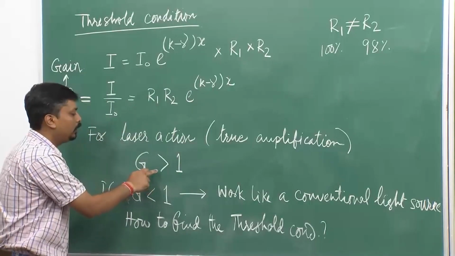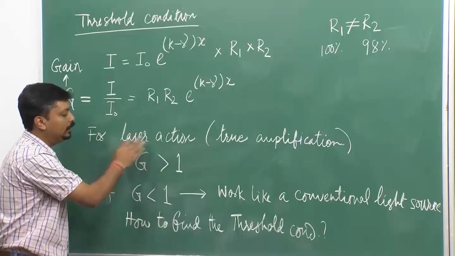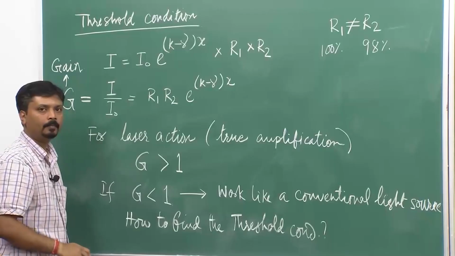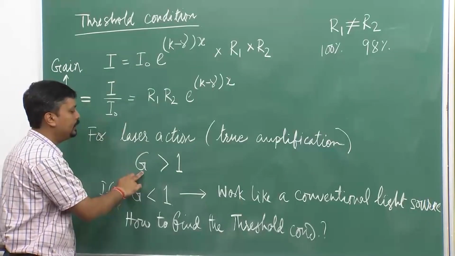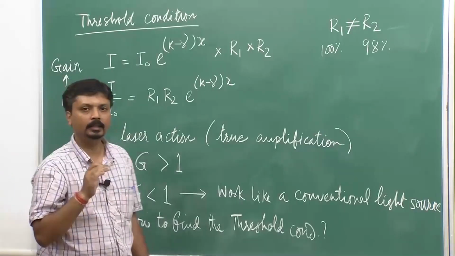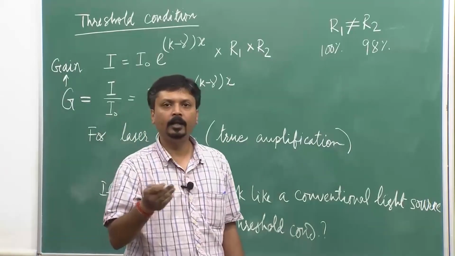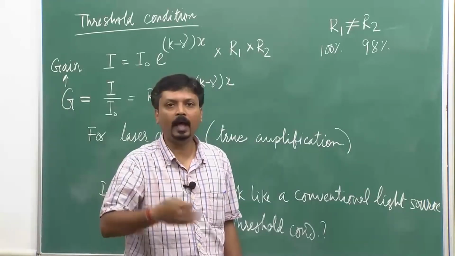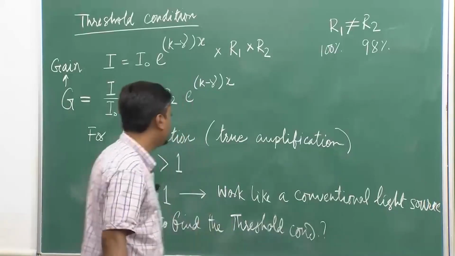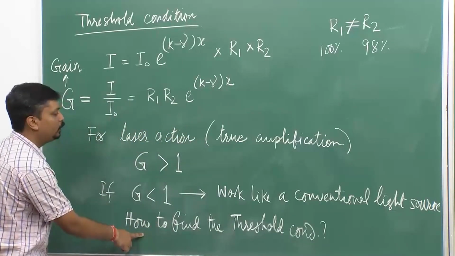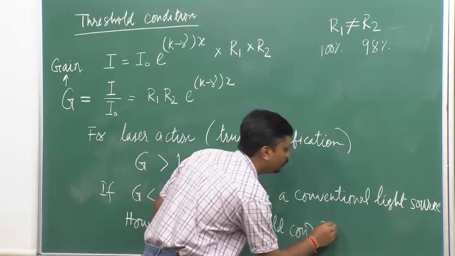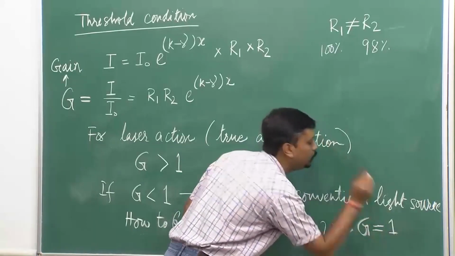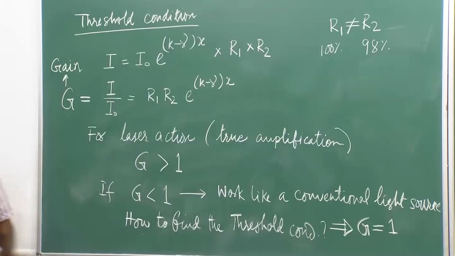If I find out the condition on this gain coefficient k when G is equal to 1, that means if I go above that even by the slightest amount, it will lase, it will have positive gain. So, in order to find this out, I will equate G to unity. Let us do that and find it out.